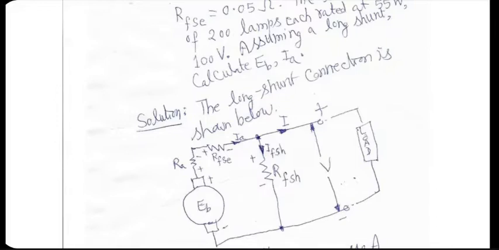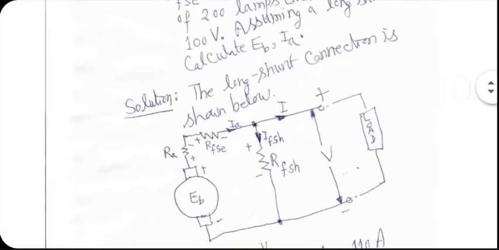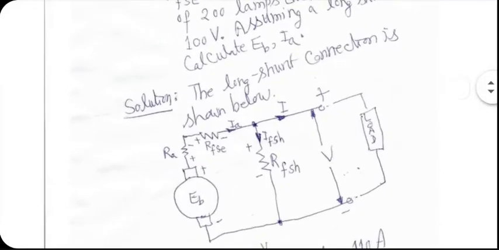So the equivalent circuit for this compound wound generator is what looks like here. I have marked various currents also here. Armature resistance is RA. Series part of the field winding has resistance RFSE. Shunt part has RFSH resistance. Armature current is IA. Part of that current goes to the shunt field winding.